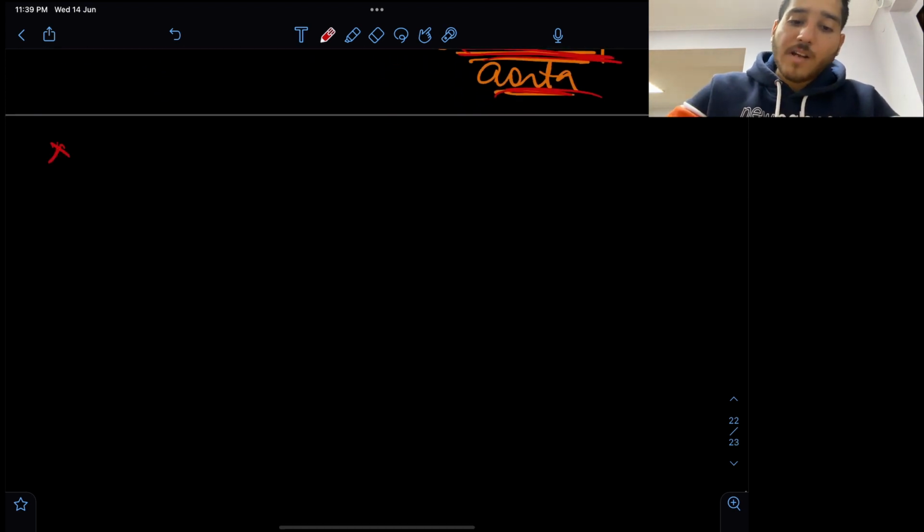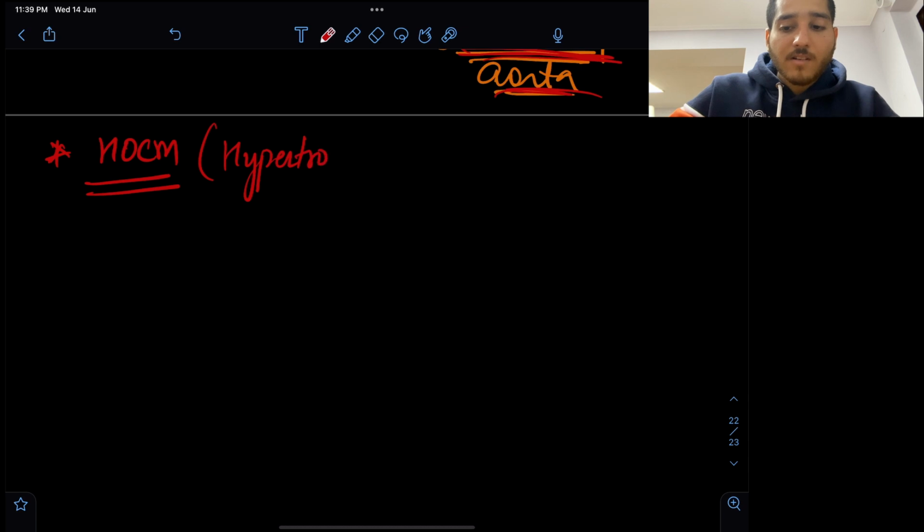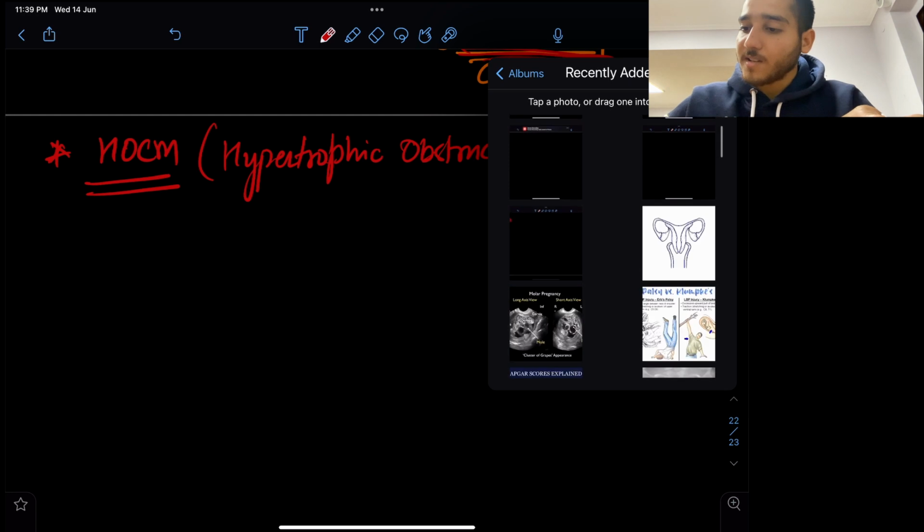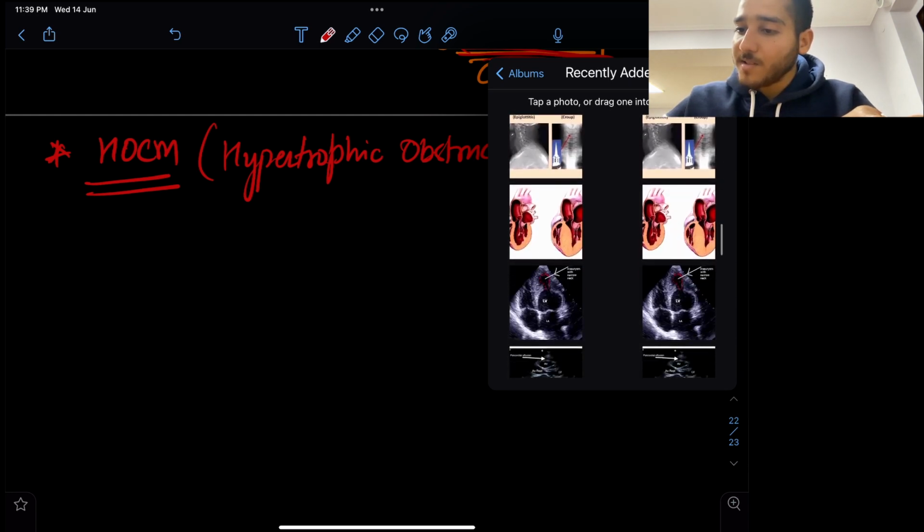then we'll talk about hypertrophic obstructive cardiomyopathy. See, I'll try to explain these conditions in very simple words. Okay, firstly I'll show you the image.